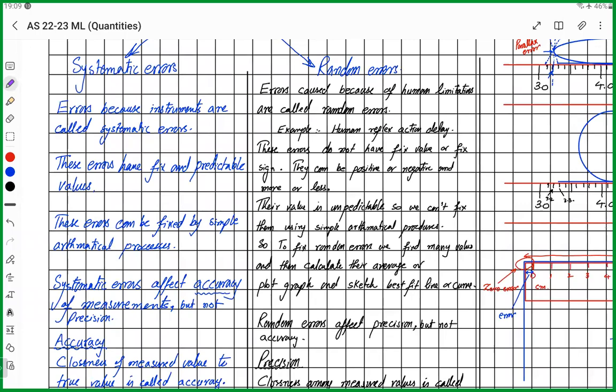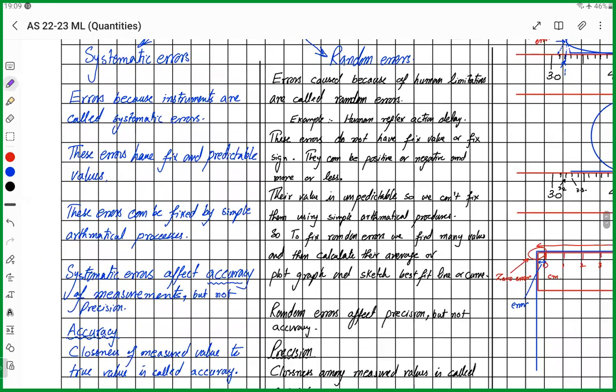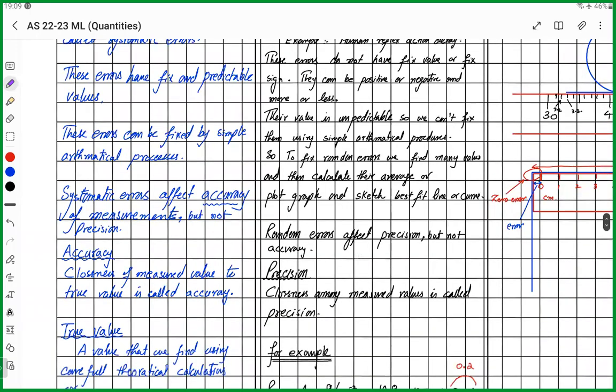Random errors, they have unpredictable, unfixed values. Systematic errors can easily be fixed by plus or minus or multiply, divide. And for random errors, you have to take averages, plot graphs, make best fit lines, or draw best fit curves, and then you can fix random errors.